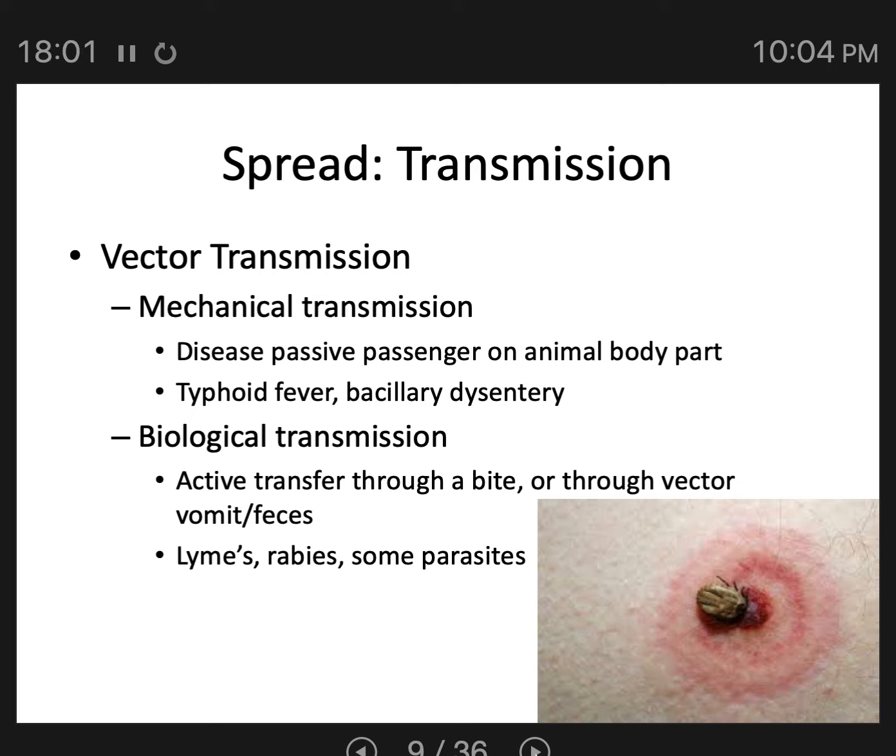Some examples would be Lyme disease, which lives in the tick for a period of time and then is transmitted to an animal host through a bite. Rabies, some other parasites, and malaria would be a good example as well. With malaria, the pathogen actively completes part of its life cycle in the mosquito and then requires another animal host, like a human host, to finish its life cycle.